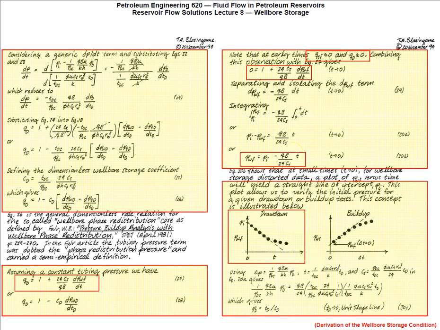Okay? So what that tells you is that at very early times in a drawdown, the pressure will decline linearly from initial pressure. Somebody explain to me why this happens in a practical sense.